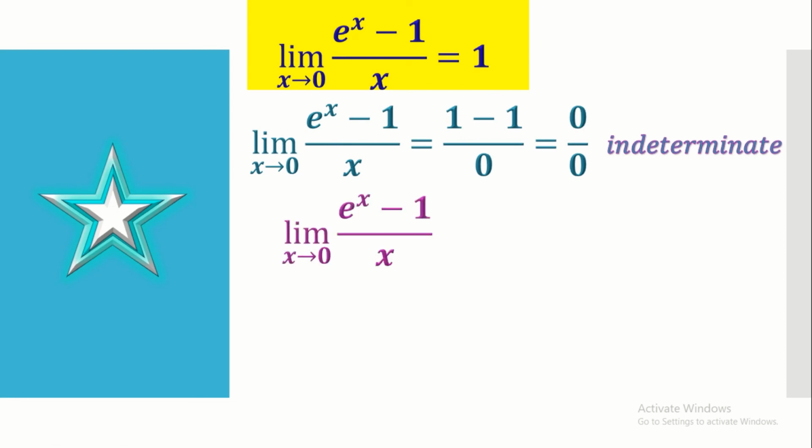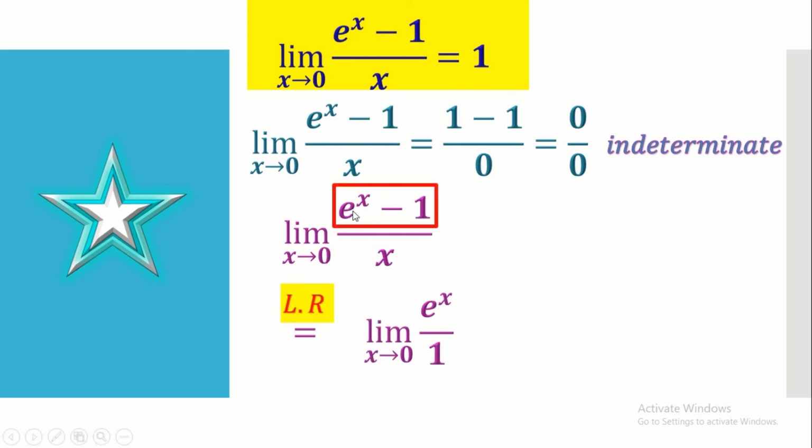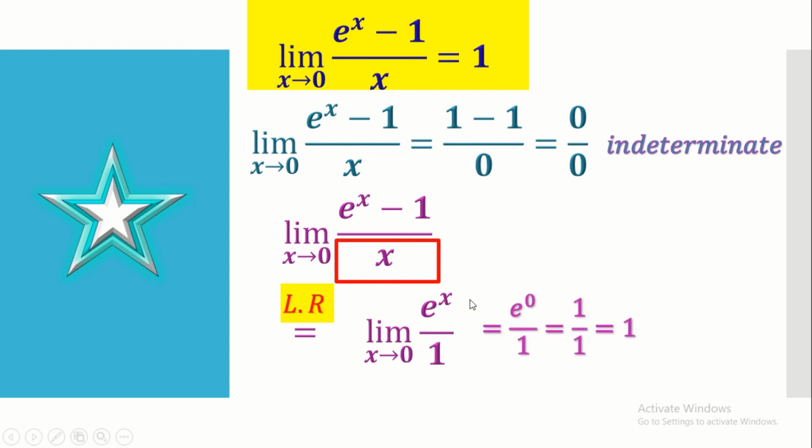The derivative of the numerator, exponential x minus 1, will be exponential x minus 0. The derivative of the constant 1 is 0. Over the derivative of x, which is 1. Now the limit as x tends to 0 for exponential x is exponential 0, which is 1. So it's 1 over 1 equals 1.